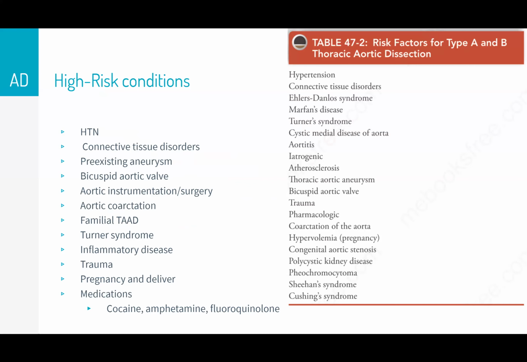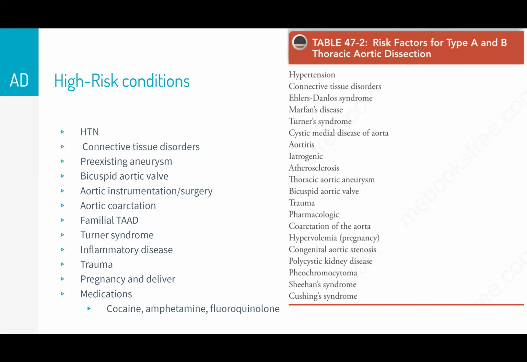Also, the bicuspid aortic valve, aortic instrumentation or surgery, like a history of aortic instrumentation or surgery during investigation, gives a higher likelihood for that patient to have an aortic dissection. Aortic coarctation, familial thoracic aortic aneurysm or aortic dissection, Turner syndrome, inflammatory disease that especially affects the vessels and causes inflammation of the vessels, trauma, pregnancy and delivery, interestingly, and medications.